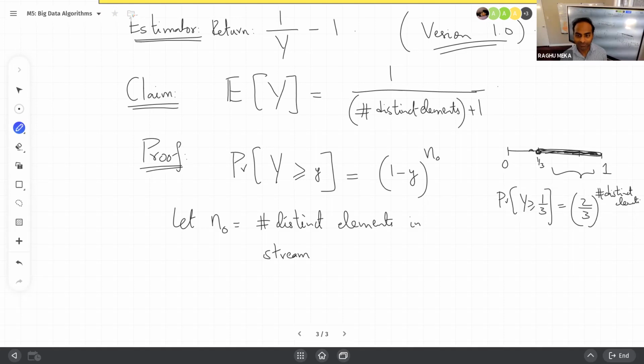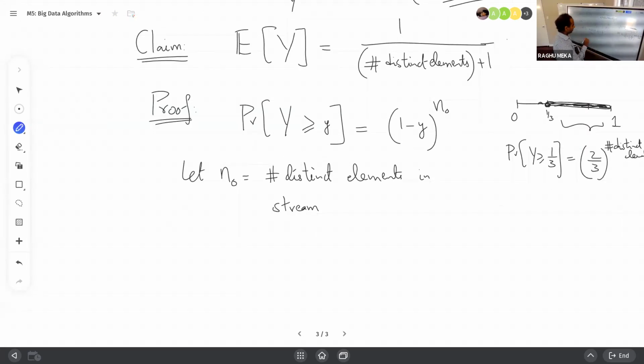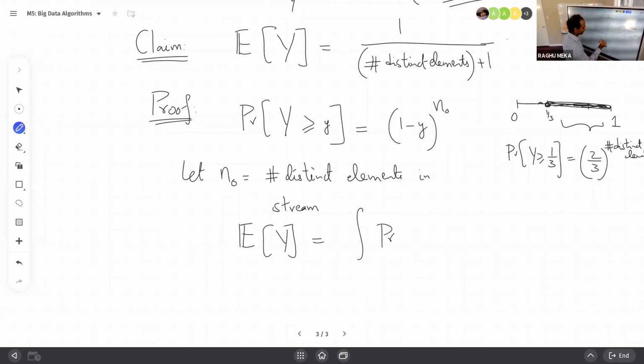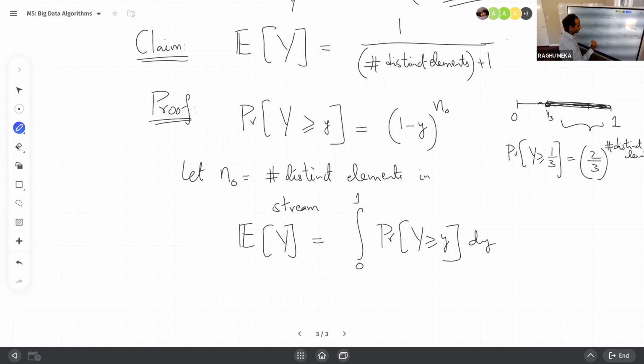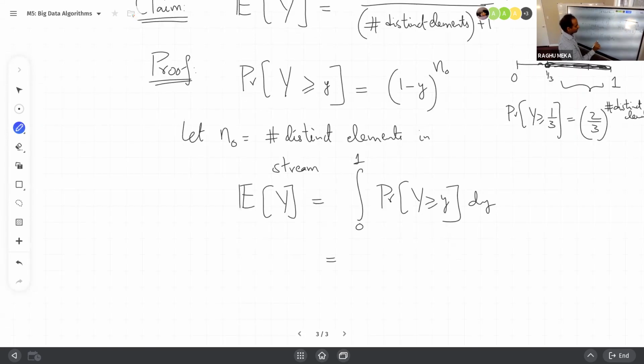Okay? Alright? And if you know some calculus, you can show that the expectation of any random variable is the integral of the probability that y is greater than or equal to y, dy from 0 to 1.